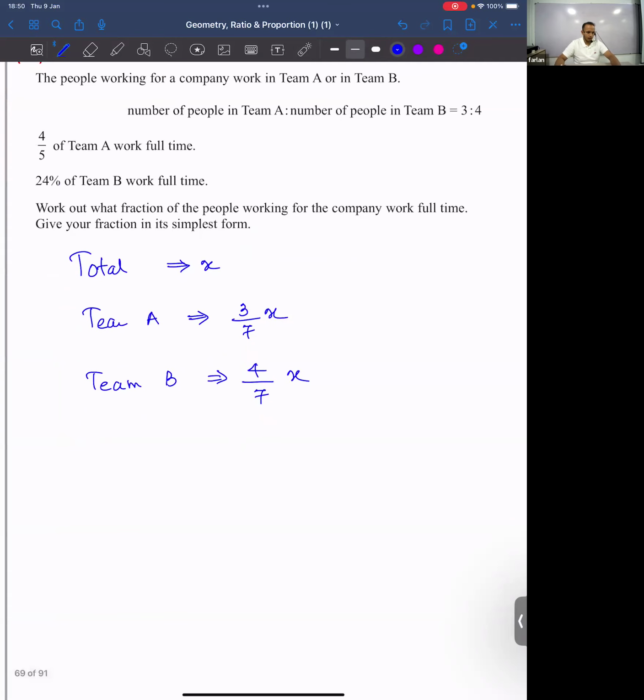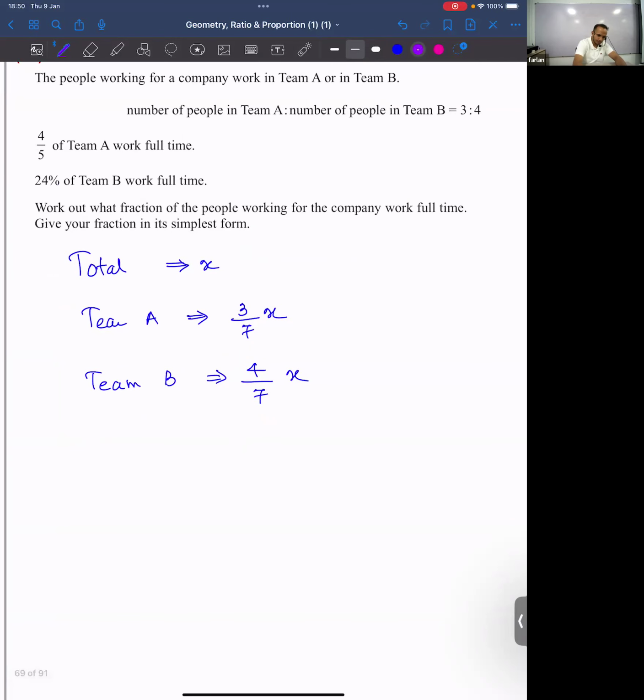Now let me check how many are working full time. How many full-time workers are there? Look at this. From team A, 4/5 of team A work full-time. Now in team A, how many people are there? 3/7 of X. From that 3/7 of X, 4/5 is working full-time.